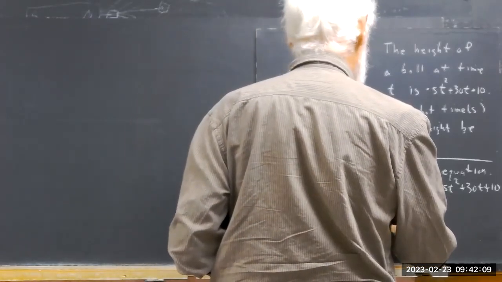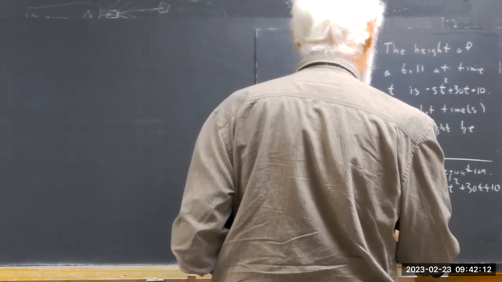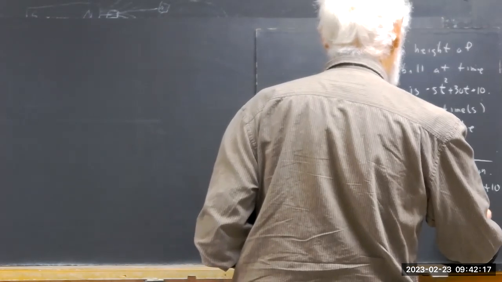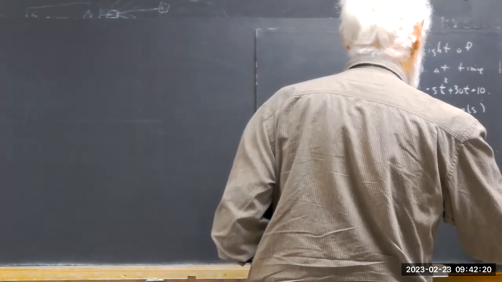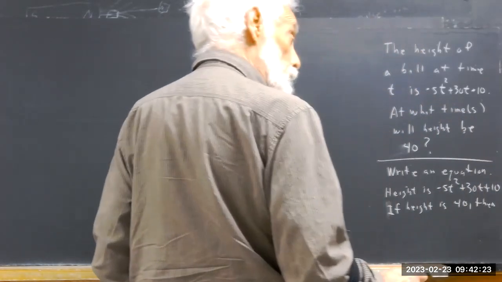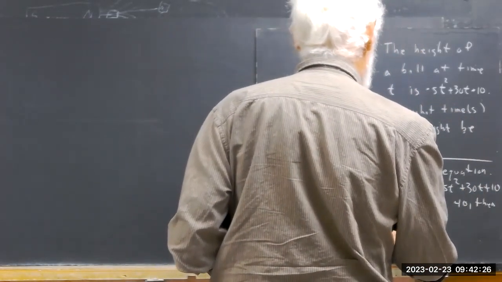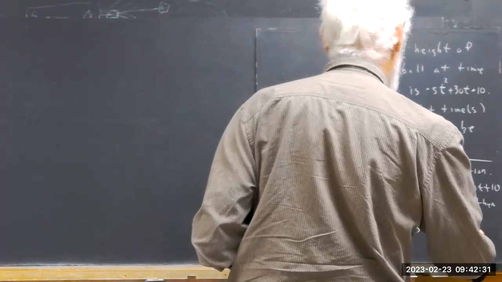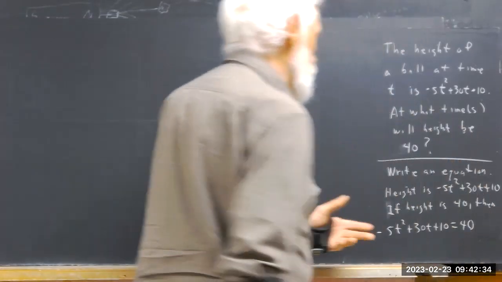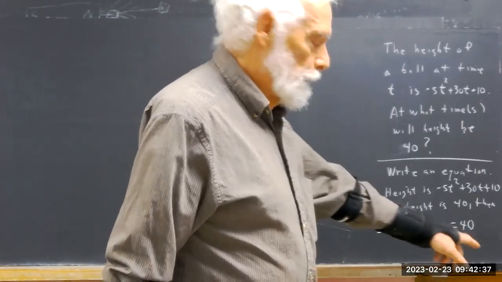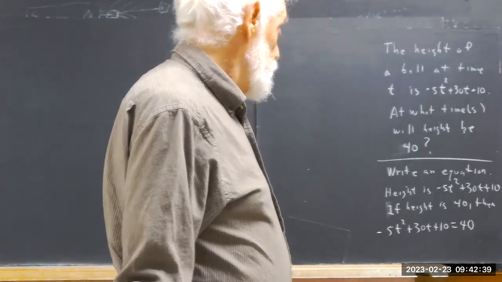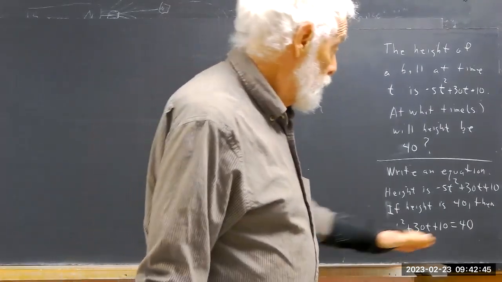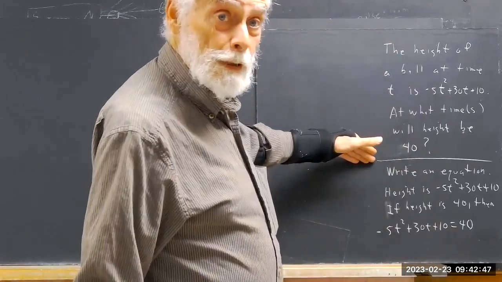Also, if the height's 40, then -5t squared plus 30t plus 10 equals 40. Make sense?